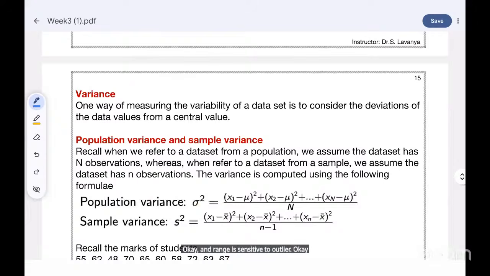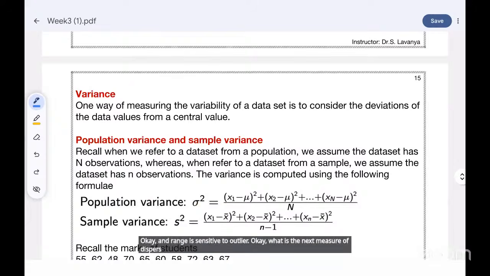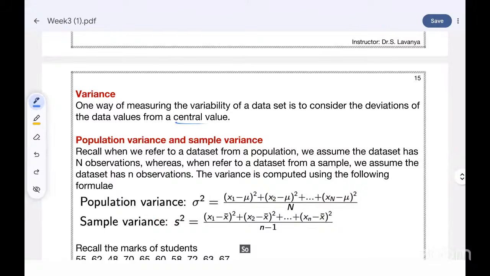What is the next measure of dispersion? It is variance. What is variance? One way of measuring the variability of a data set is to consider the deviations of the data values from a central value. The central value we are going to consider here is the mean.